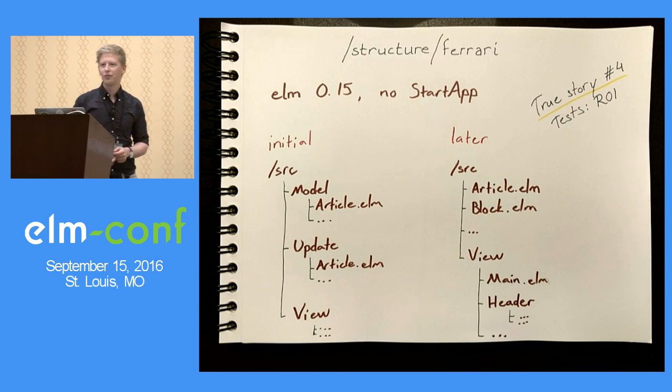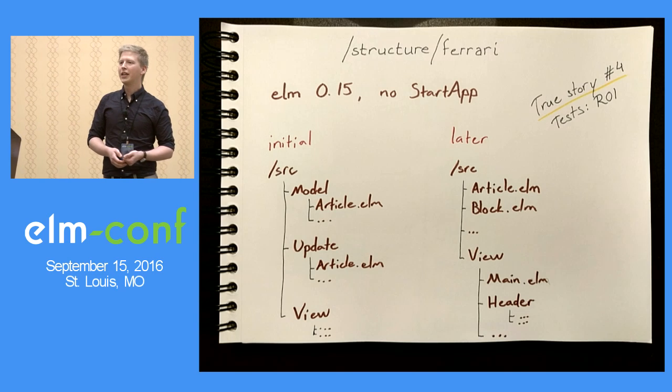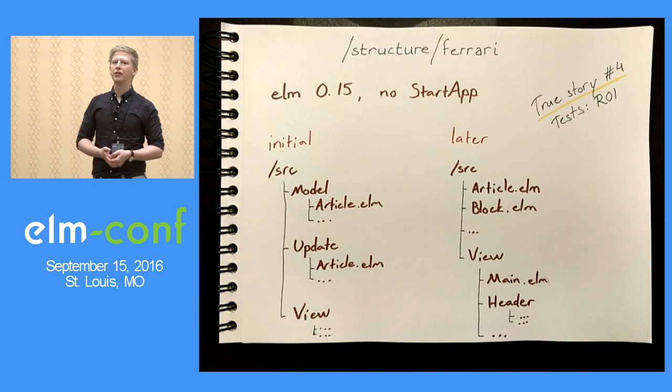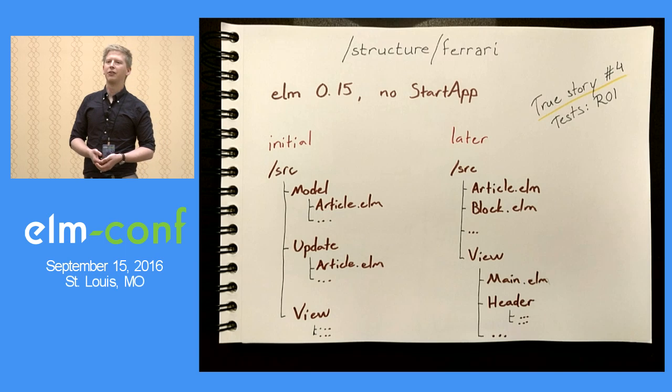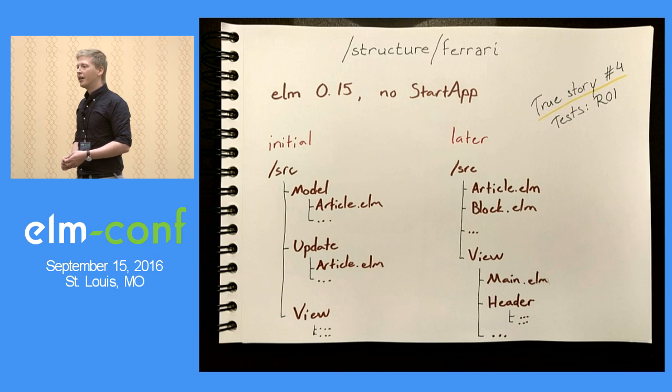Okay, true story number 4. In the Ferrari project, in the beginning, we used to write unit tests for basically every single function. We found that it's not actually helping us much, because the majority of the functions were just returning HTML, and the unit tests were not really fruitful for us.